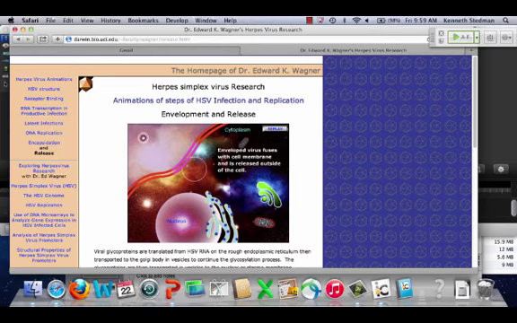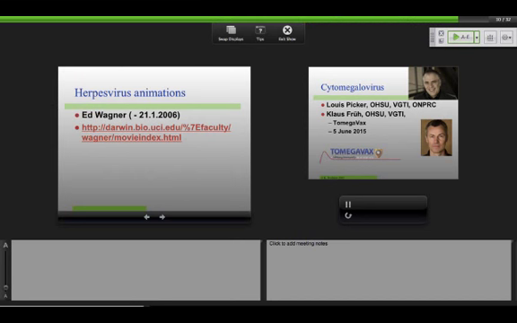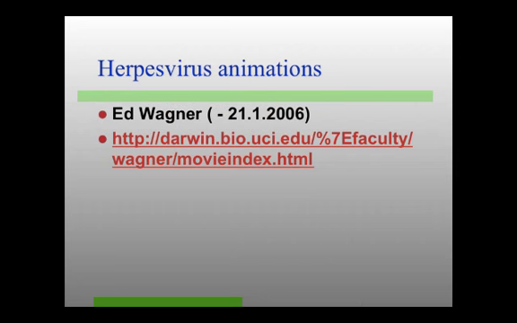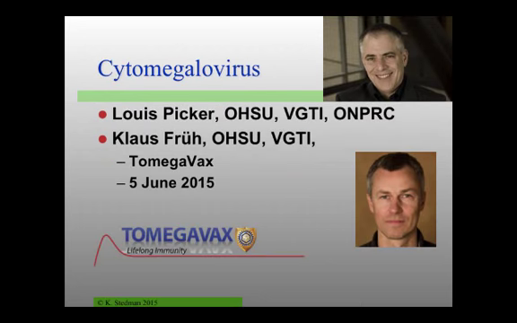So there's one more thing in the PowerPoint that I wanted to mention, which I sort of talked about right here at the beginning, and that has to do with Cytomegalovirus. Some of you may have heard about Louis Picker. He just got, I think, $25 million from the Gates Foundation for HIV vaccines, some very, very promising HIV vaccines that work really well in simians, which is why he's associated with the Oregon National Primate Research Center here, and also the Vaccine and Gene Therapy Institute.